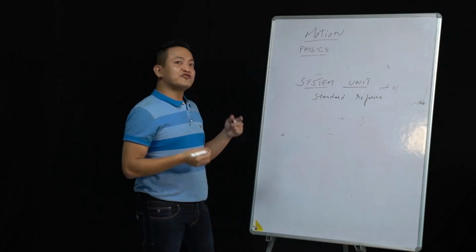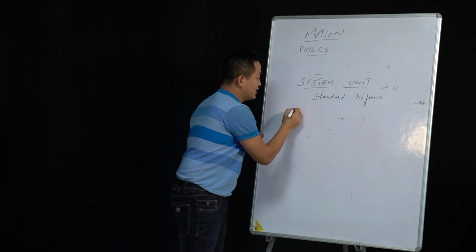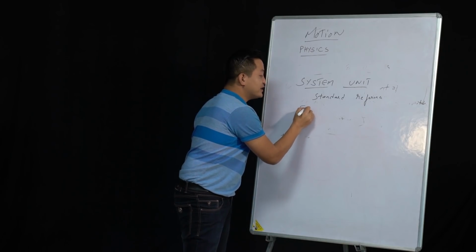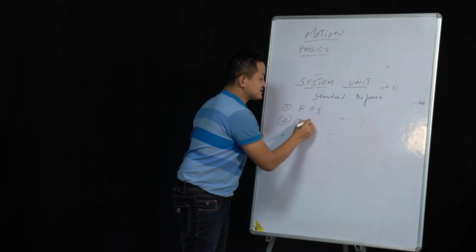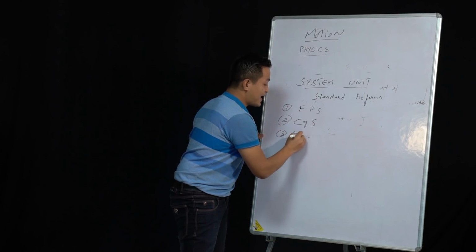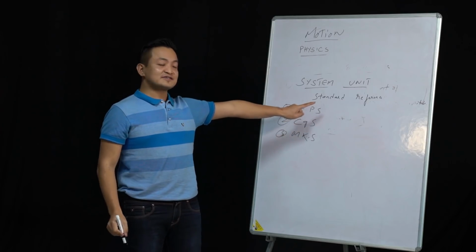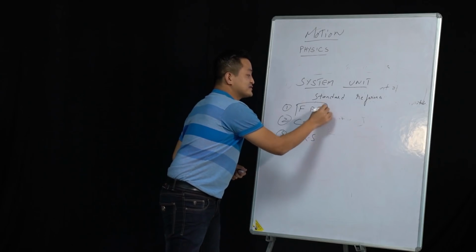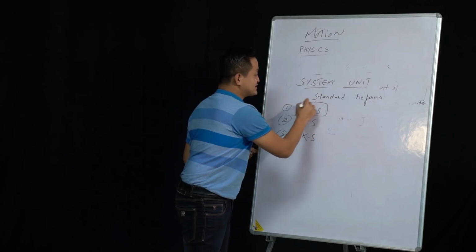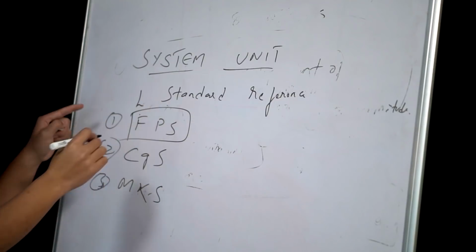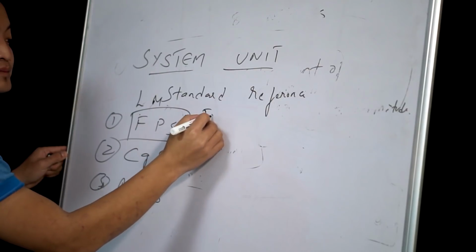Before, there were various systems of unit, like the first FPS, the second is CGS, the third is MKS. So the first one, FPS. FPS is foot, pound, seconds. So this is for the length, this is for the mass, and this is for the time.